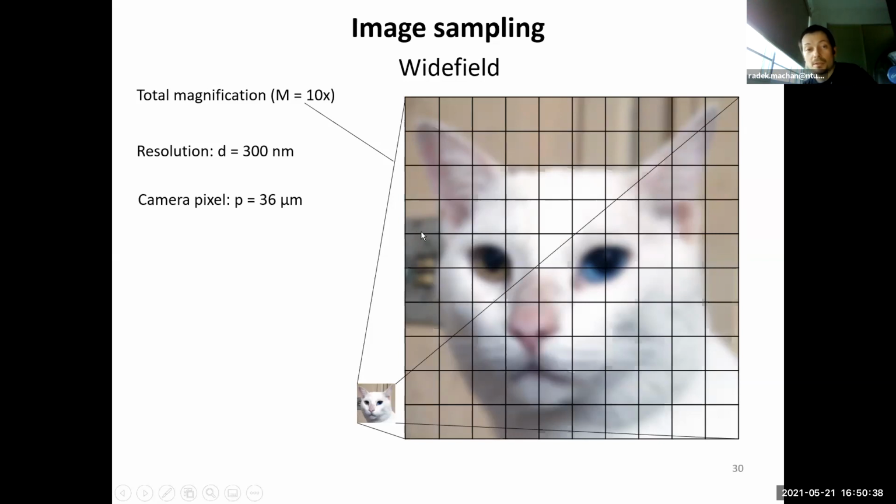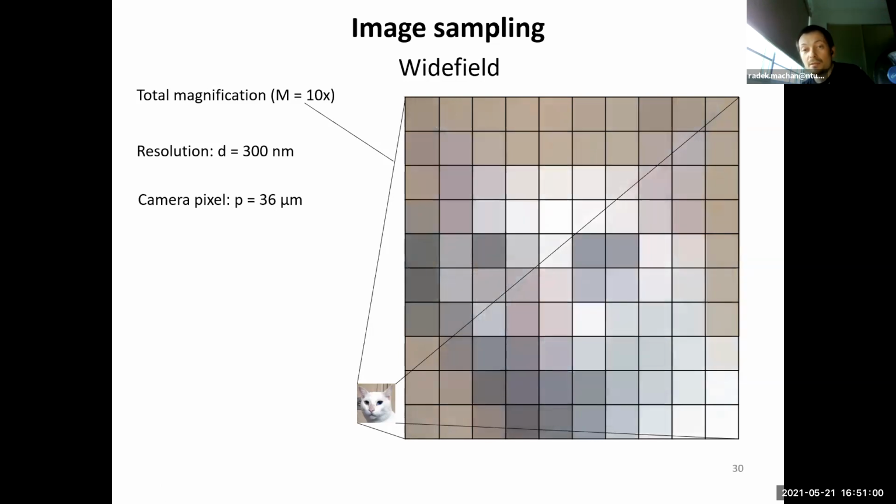It's a camera chip. Let's say my camera has 36 micrometer pixels on the chip. Of course I cannot resolve anything which is smaller than the pixel. So then my sampled image will look like this. Through the sampling by the camera, I have obviously lost a lot of details which were present in the image created by the objective.